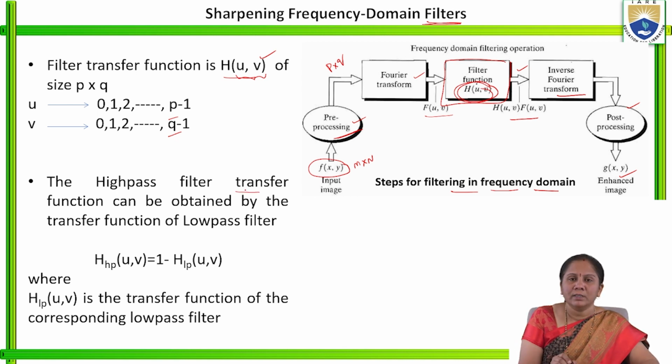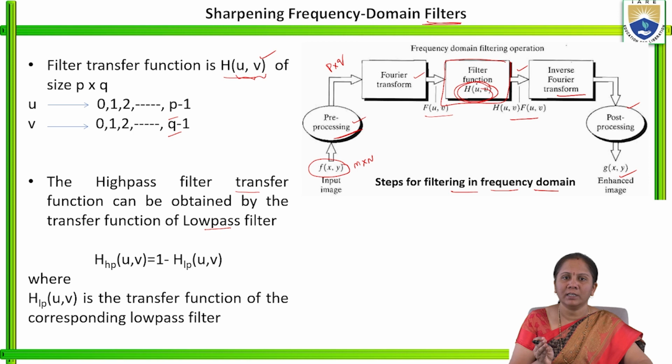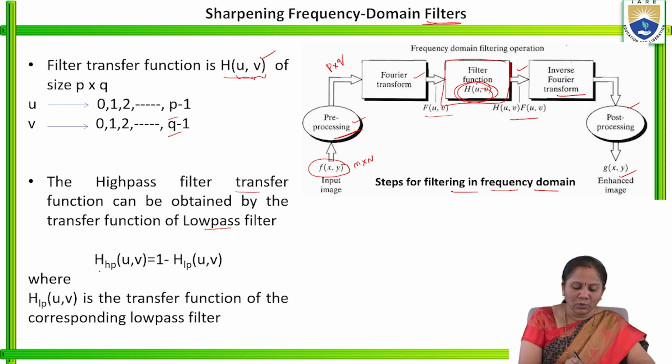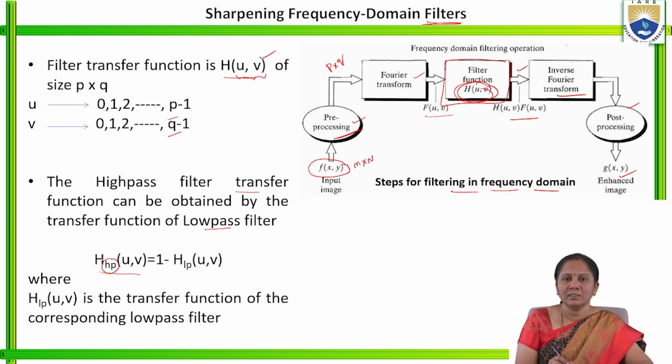Here the high pass filter transfer function can be obtained by using the transfer function of the low pass filter. As we have learned, the operation of a high pass filter is exactly the reverse of a low pass filter. Now considering the transfer function of the low pass filter, we will write the transfer function of the high pass filter. So H of u comma v: here we can see HP is represented. It means the transfer function of the high pass filter is equal to 1 minus H LP of u comma v.